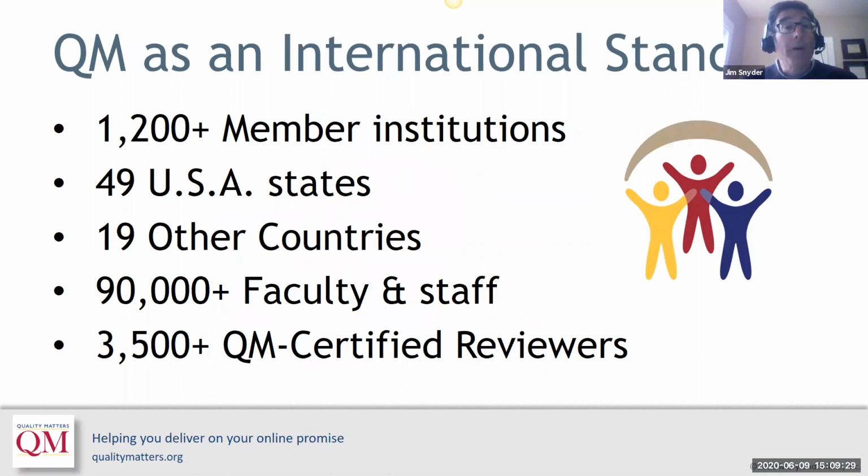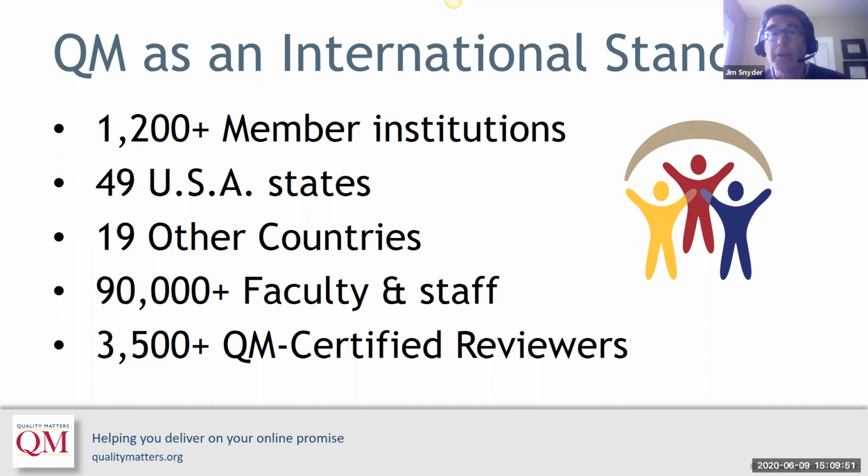So you are one of our 1,200 plus member institutions. We are in 49 of the 50 US states, although I don't think we've inked the deal yet, but New Hampshire was our one lone holdout state, and I think we will have some members there very shortly.